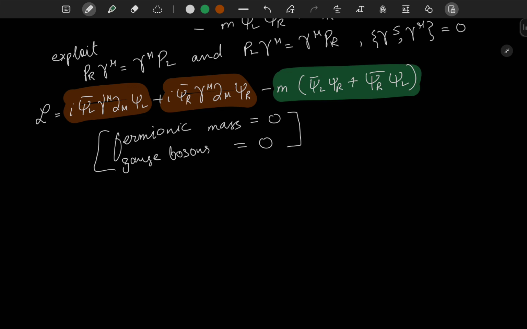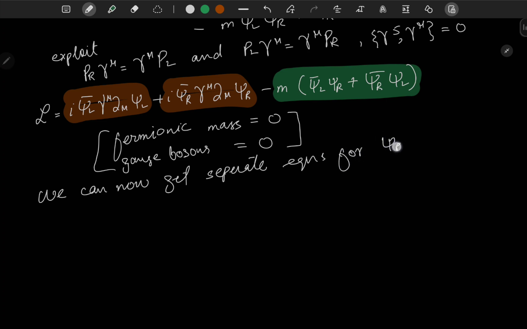Okay, so we can now get separate equations for the psi R and psi L fields. Okay, so let's start from the Dirac equation.